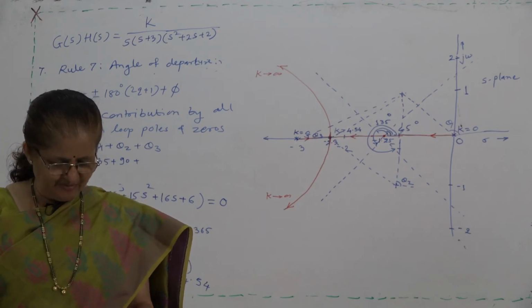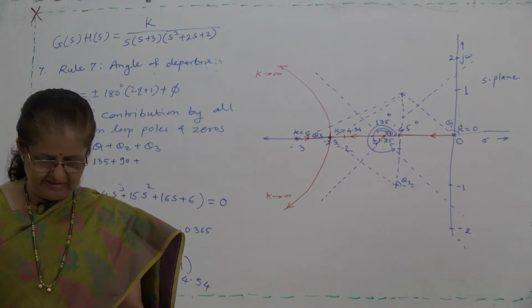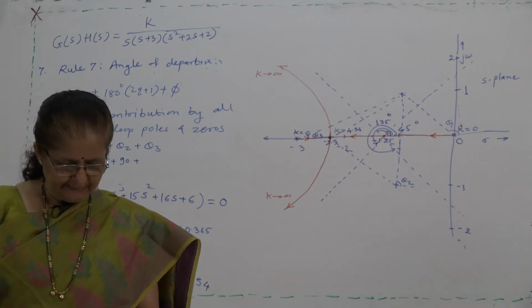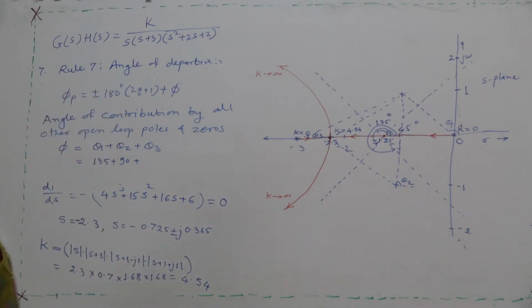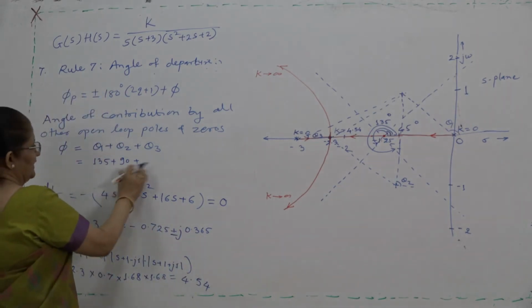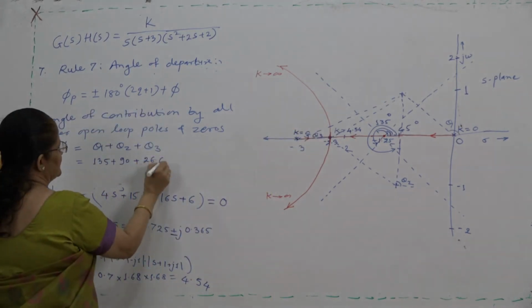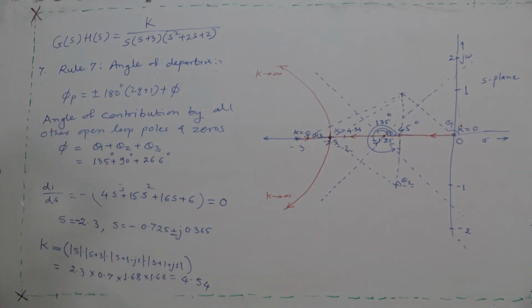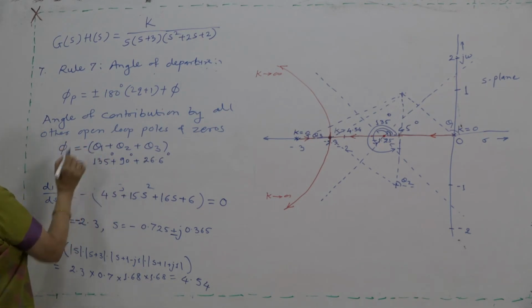By observing this I can see that theta 1 is 135, theta 2 is 90 degrees, and theta 3, you measure it, is 26.6 as per the graph here. You measure it on your graph paper, whatever angle you get, you use it. Okay.